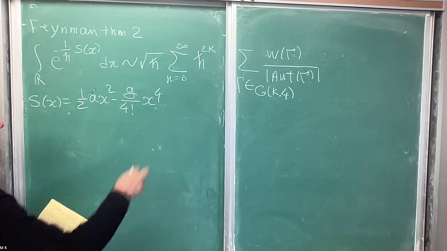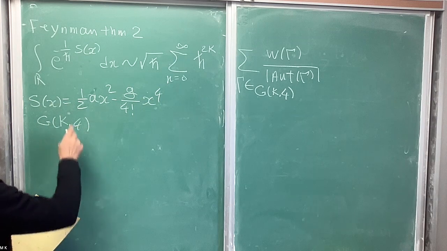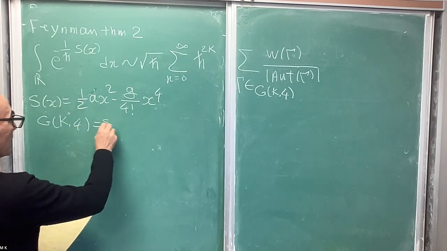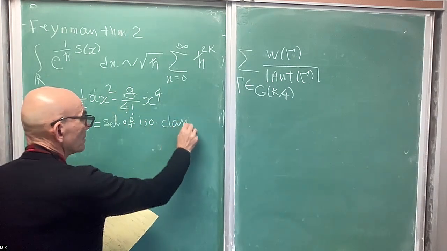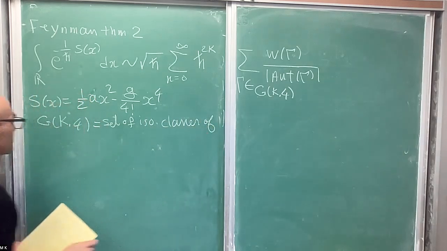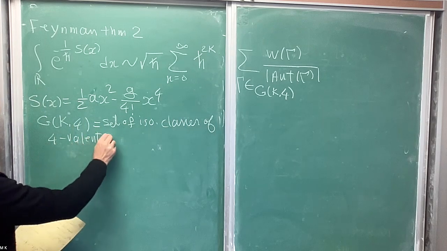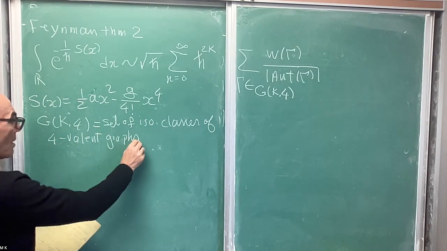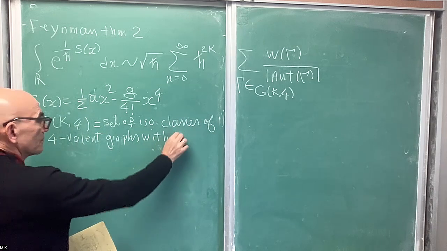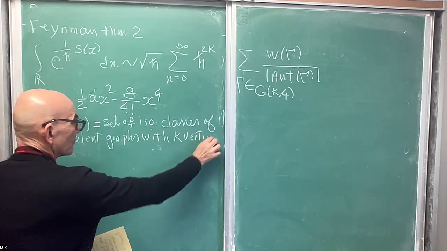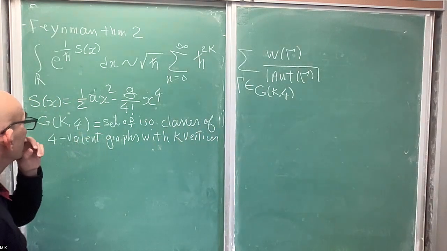And what is this G_K4? This is a set of isomorphism classes of 4-valent graphs with k vertices. Okay, so it's a finite set, obviously.